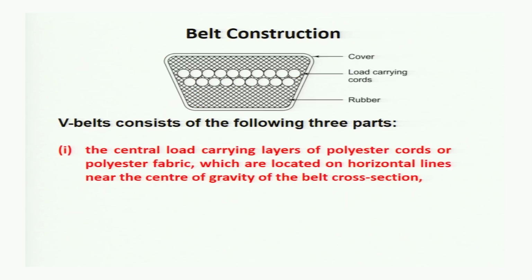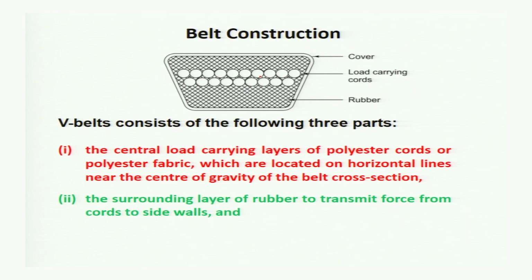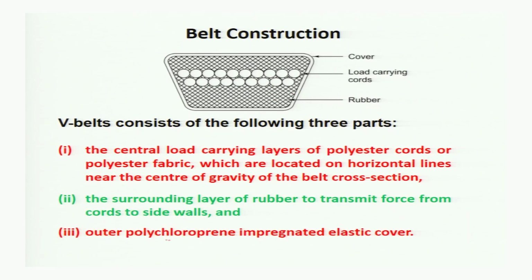V belts consist of the following 3 parts: the central load carrying layer, layers of polyester cords or polyester fabric, which are located on horizontal lines near the center of gravity of the belt cross section. They are in the central location. The surrounding layer of rubber transmits force from cords to side walls, and the outer polychloroprene impregnated elastic cover just binds all these together.